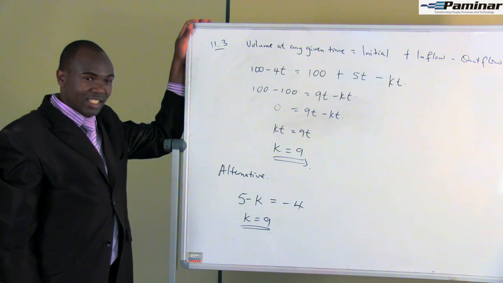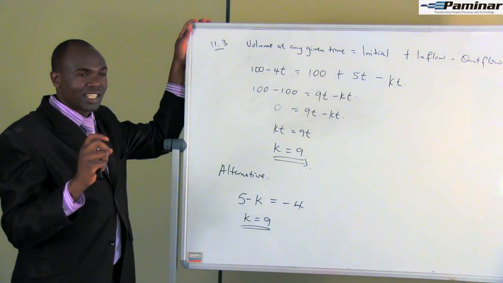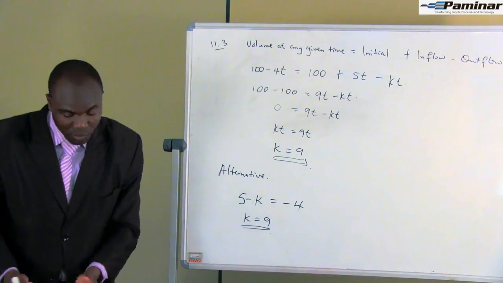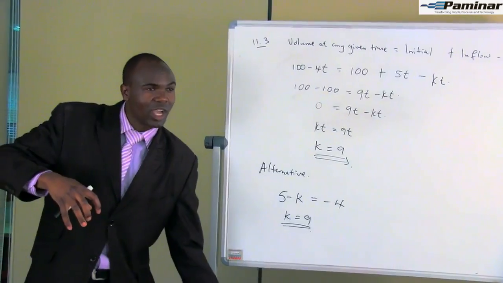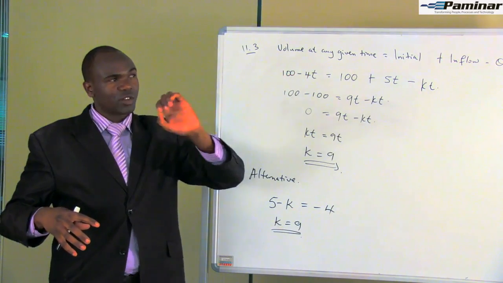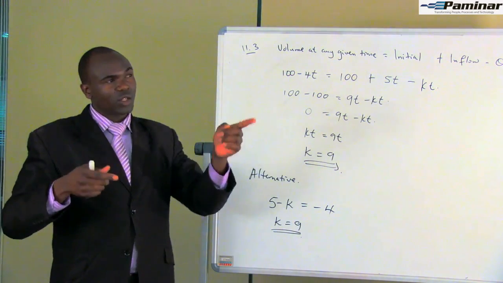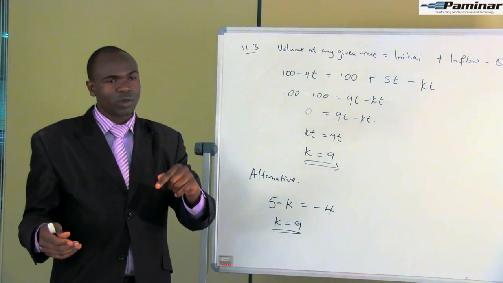That's why I said at the beginning it's common sense. Remember water? First of all, there was water, and then the other one is coming in, and the other one is going out. We are given the expression for volume V as a function of t, the volume at a given time, as 100 minus 40.